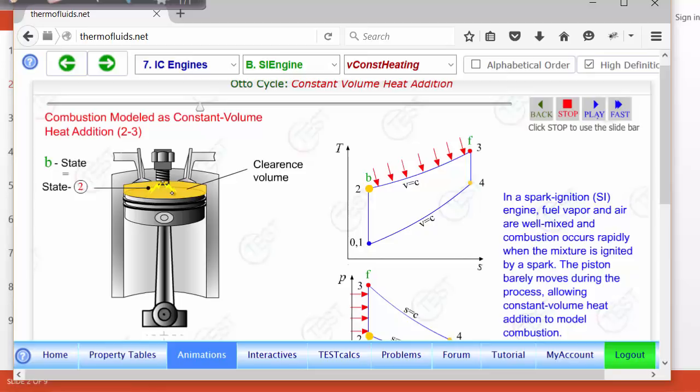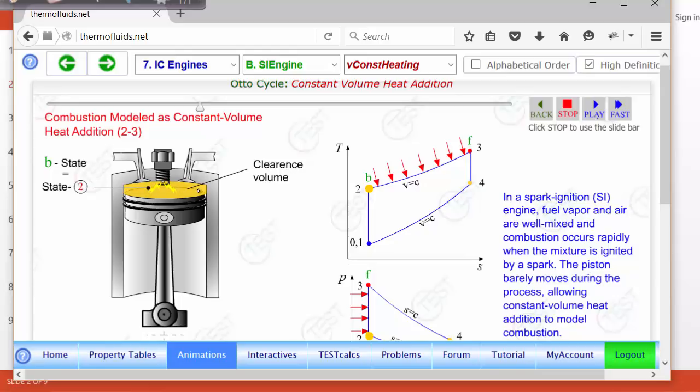Really, the combustion process is very complicated, and in chapter 13 of your textbook, we'll cover that. But the combustion wave propagates so rapidly that for all practical purpose, you can think like the volume hasn't changed, the piston hasn't moved. So all the energy release takes place almost instantly.